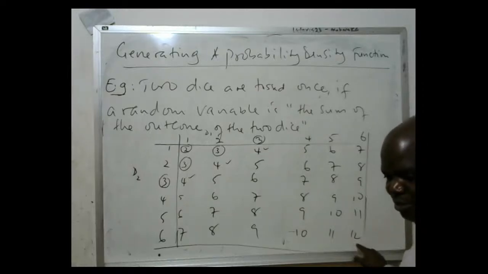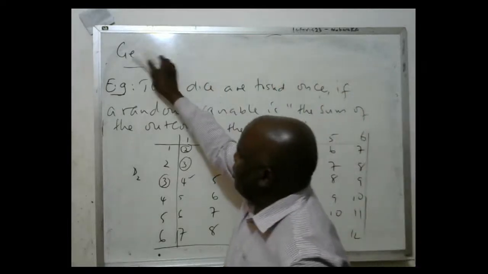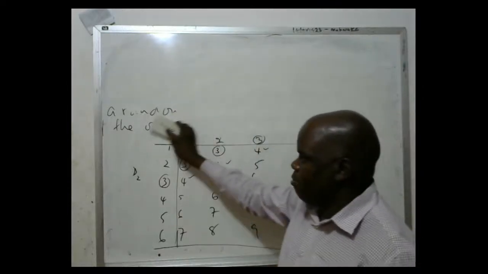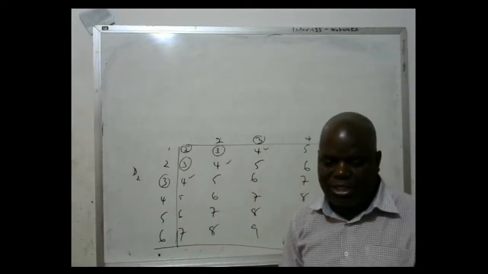Then lastly, the probability of getting a sum which is 12. Now, when you observe them, how many observations are those? More probability theory again. As an applied math student, we keep referring back to the theories which we did in O level.